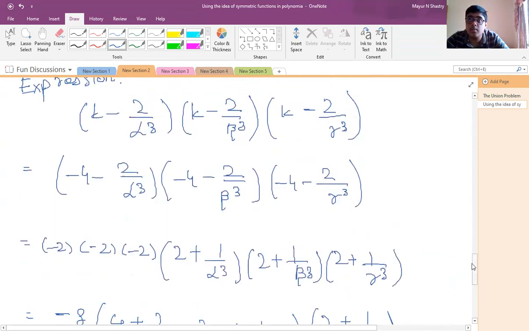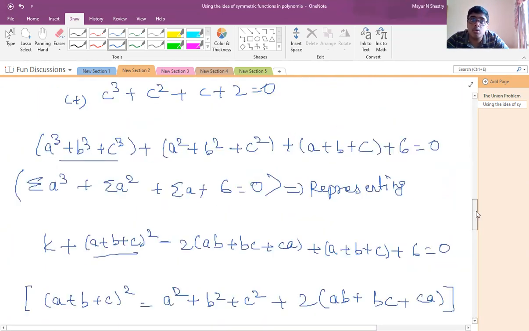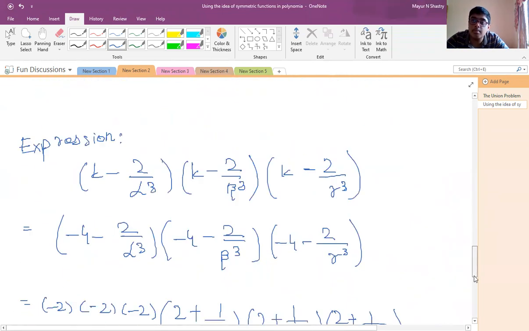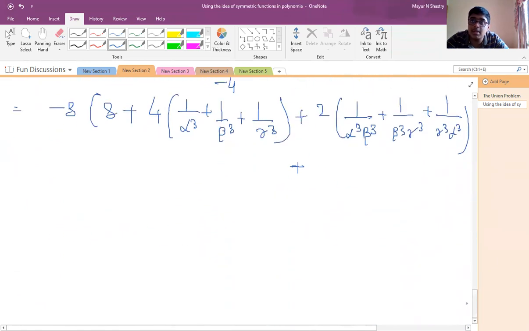So realize that 1 by alpha beta gamma, what did we find out? That the value of 1 by alpha beta gamma is negative 2. So what would be 1 by alpha cube beta cube gamma cube? That would be negative 8. Wow, that's nice. And what's more nice is that this minus 8 and this 8 is cancelled.